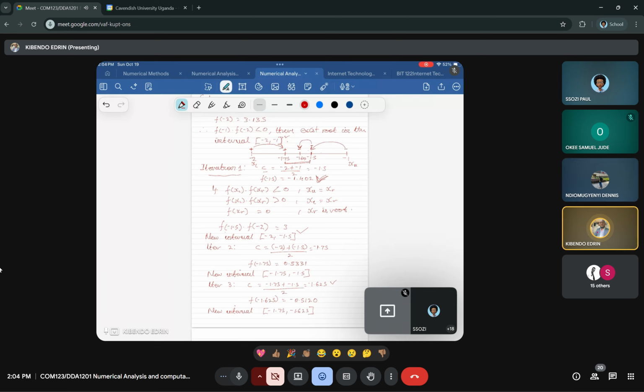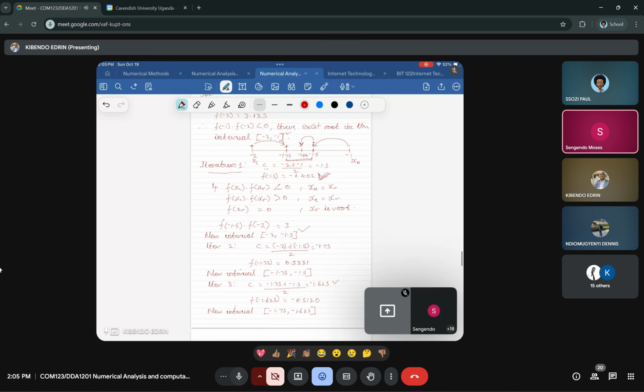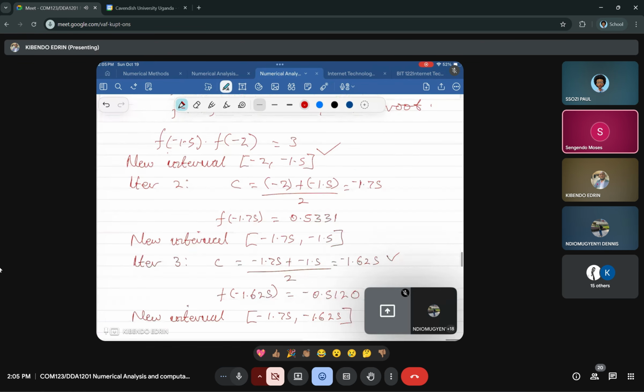It does not say that. So we have to stop at that. I told you to go up to 4 so that we can see where the root lies. That's why we are going up to the 4th.